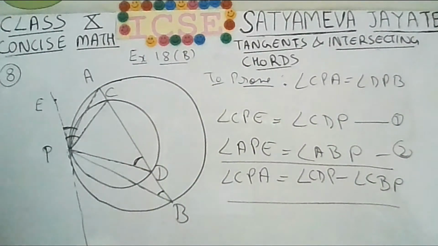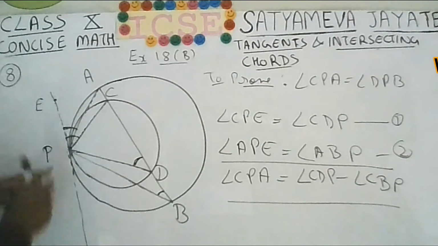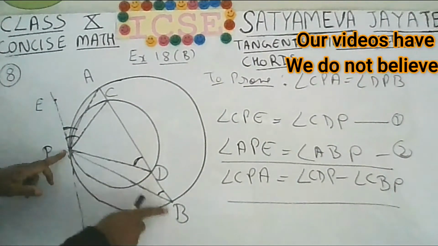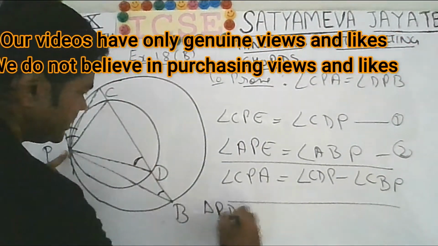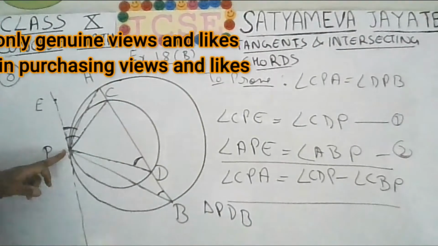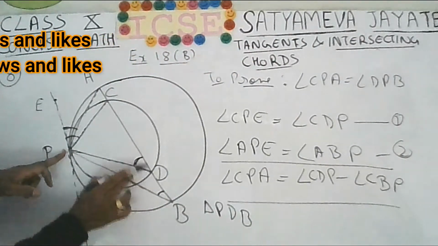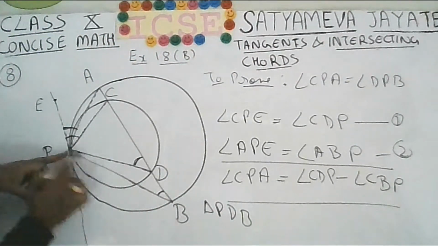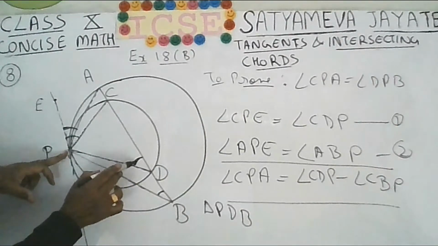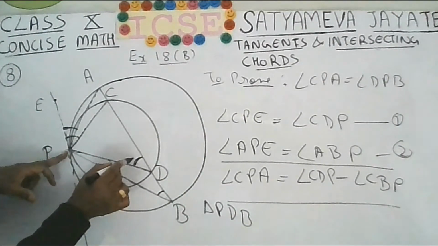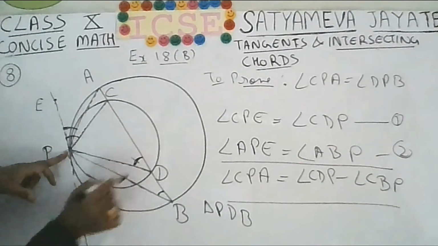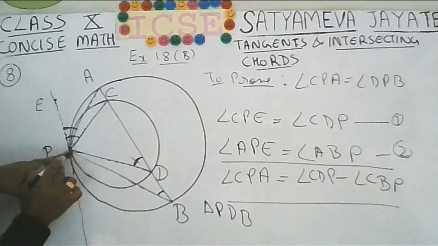Okay. So now if you pay attention to this triangle PDB, in triangle PDB, you will notice that DB is extended here and PD is one side. So you can say that this angle is an external angle. This external angle will be equal to the sum of the interior angles.